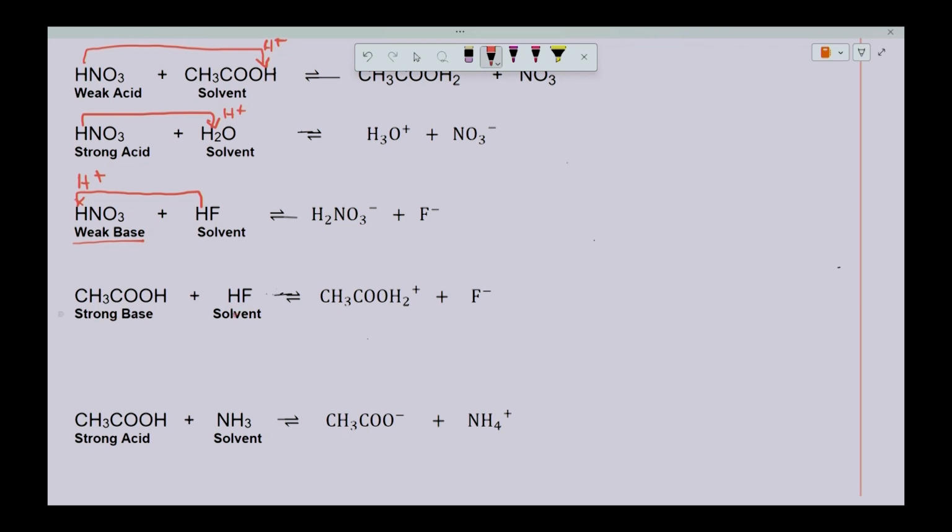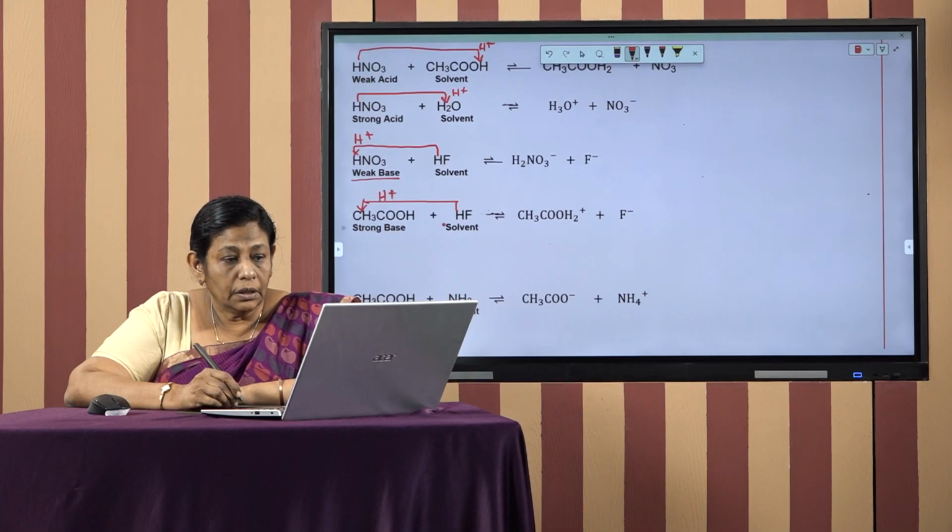Again, the solvent is HF, which is a highly protonating solvent. It protonates nitric acid, but surely it can protonate acetic acid too. Acetic acid gets protonated and fluoride ion is left behind.